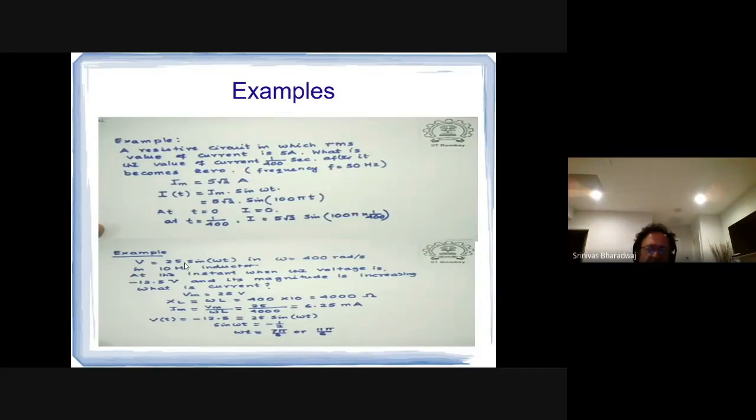Now Im is equal to V divided by omega L. So 4,000. Vm is 25, so 25 divided by 4,000 is I max, and therefore you can write that equation. It's out of phase.